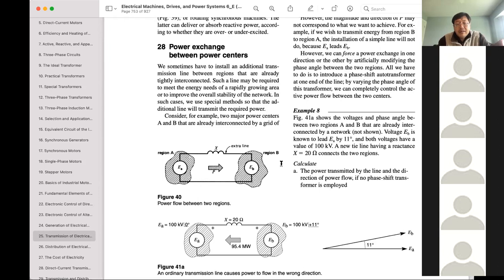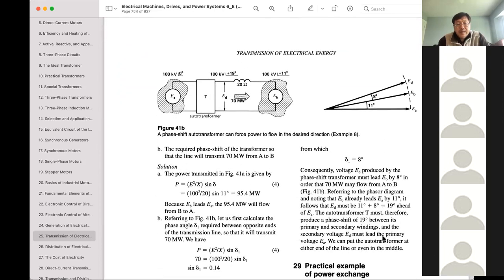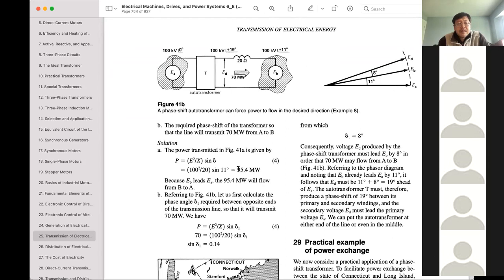So it all depends on the phase angles. If Kansas City's phase angle is 11 degrees ahead of St. Louis, then Kansas City will pump 95.5 megawatts of power to St. Louis.